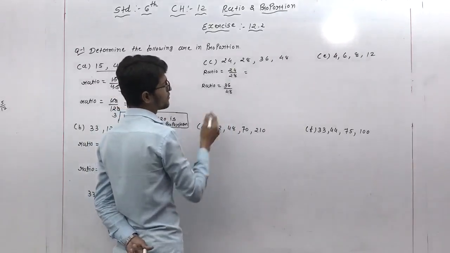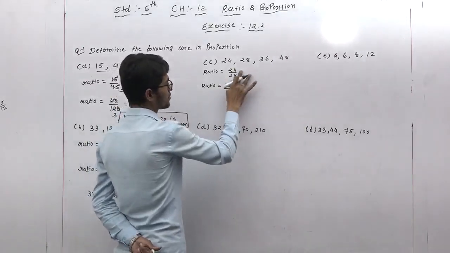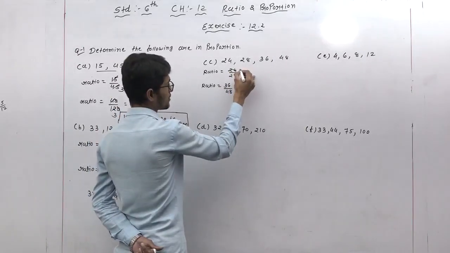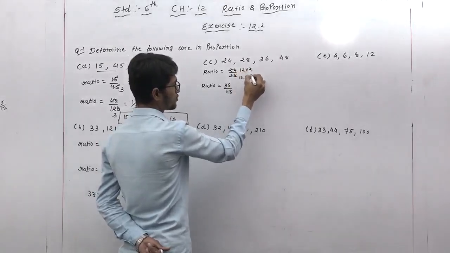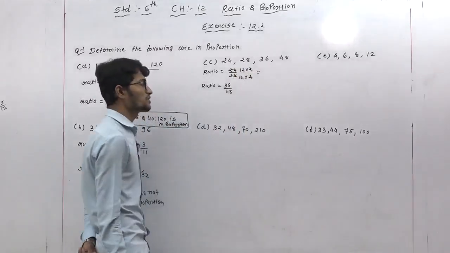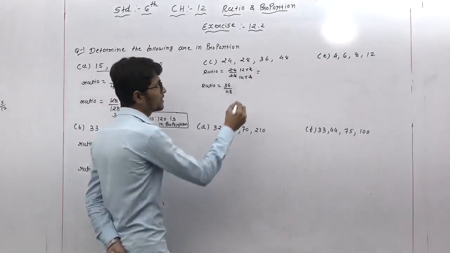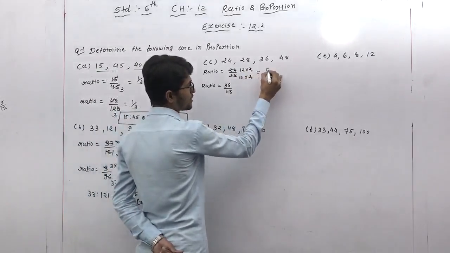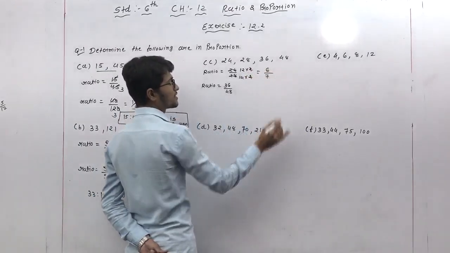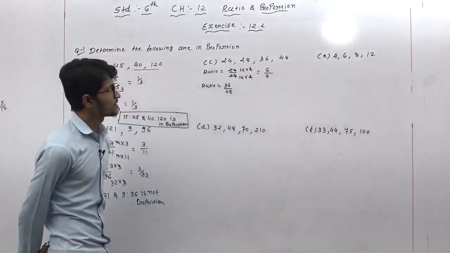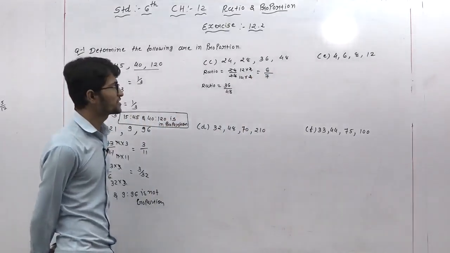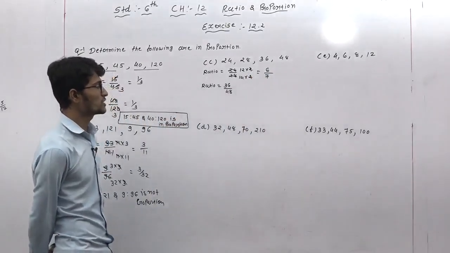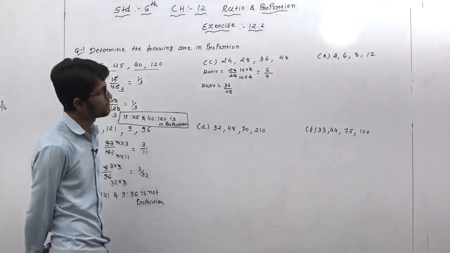Now 24 by 28: 12 2s are 24, 14 2s are 28, 2 2 cut, 12 by 14, this one is also cut. 12 means 6 by 2, and 14 means 7. So our answer is 6 by 7. It means 6 is to 7.